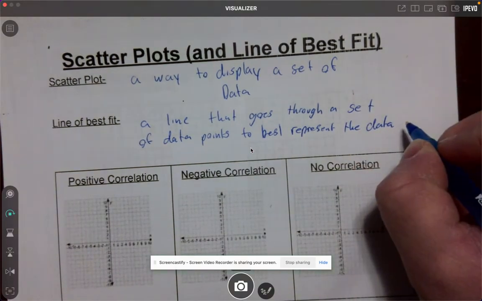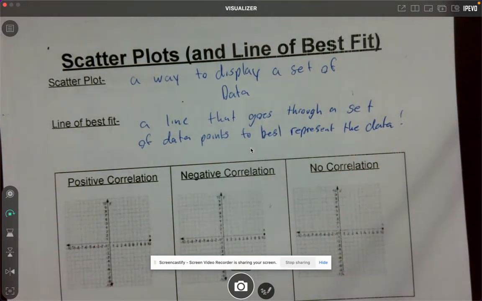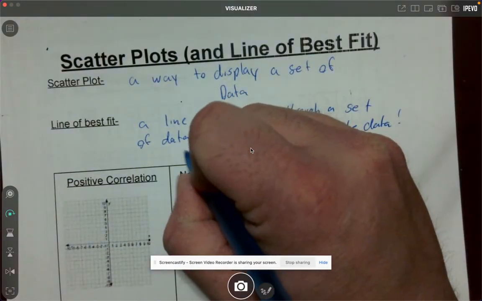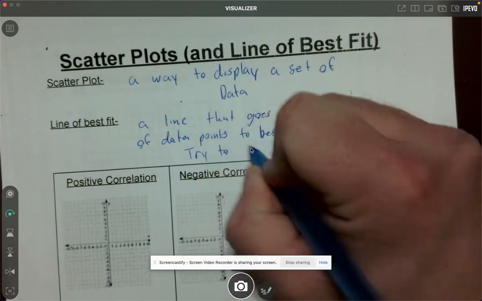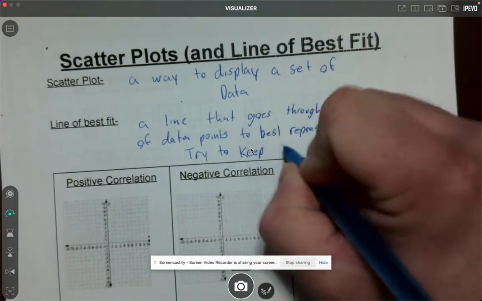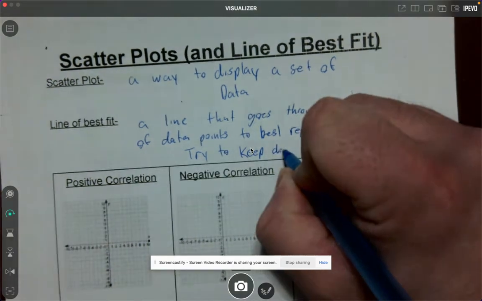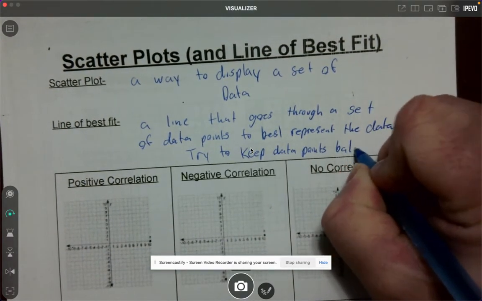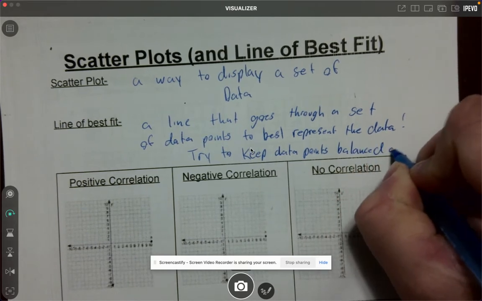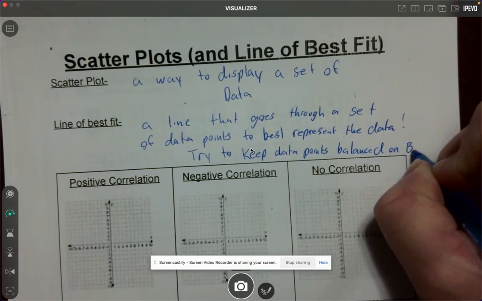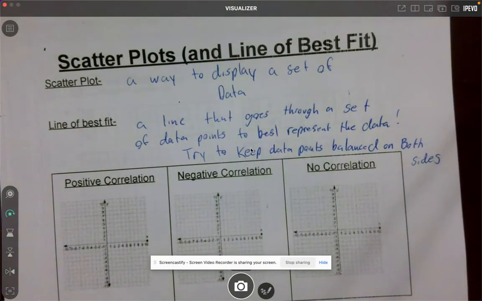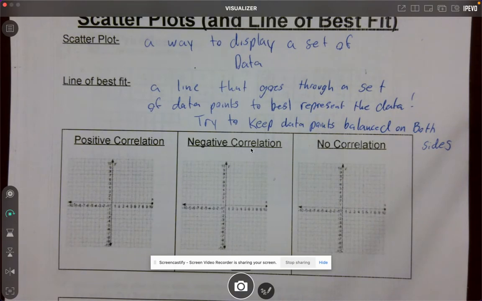So how do you best represent it? You try to keep the data points balanced on both sides of your line. So try to keep data points balanced on both sides.